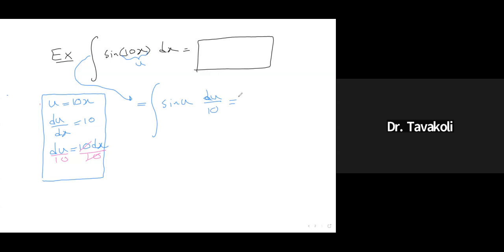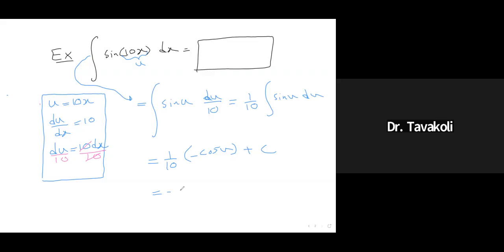Again, over 10 is like 1/10 has been multiplied by the rest of the function, can be pulled out. So 1/10. Antiderivative of sine is negative cosine, right? Minus cosine of u and then plus c.